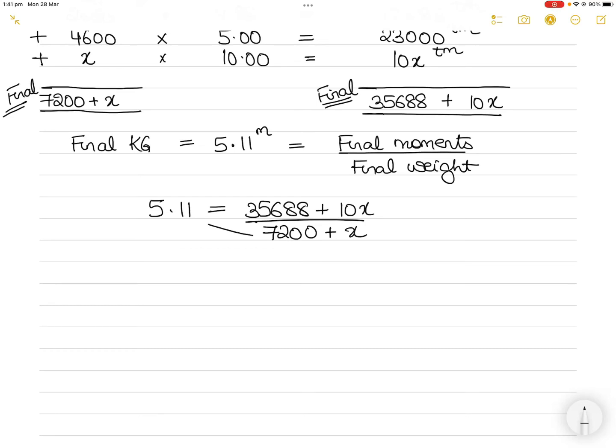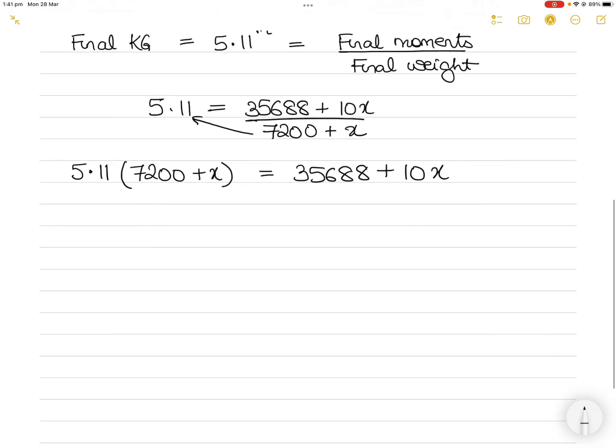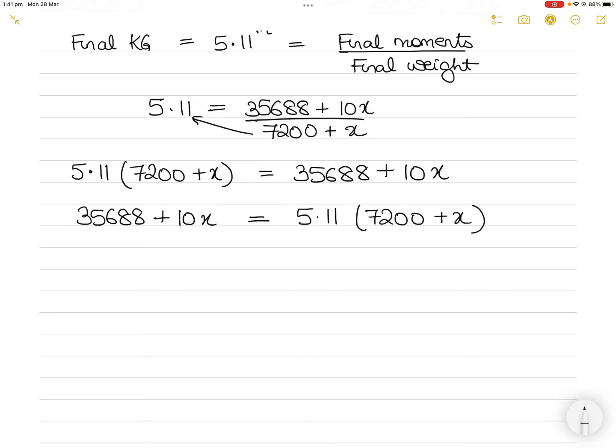So we'll take this here and this becomes 5.11 times (7,200 plus x) equals 35,688 plus 10x. I'm just switching it around, and that will make it easy for us.